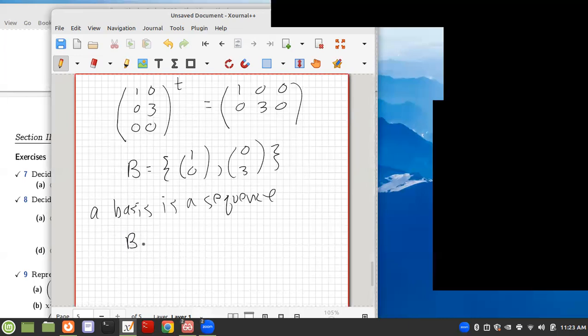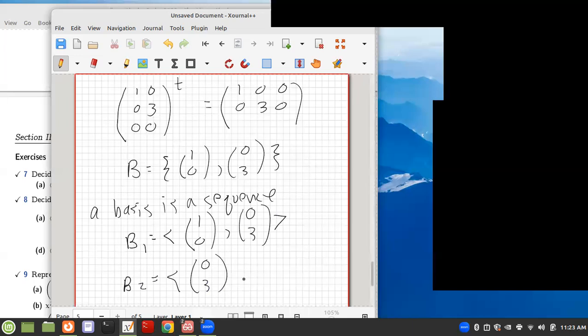We could have basis 1 equals, and we use angle brackets here to indicate that we're choosing an order. And the second basis would be the other order. Those are both bases for column space.